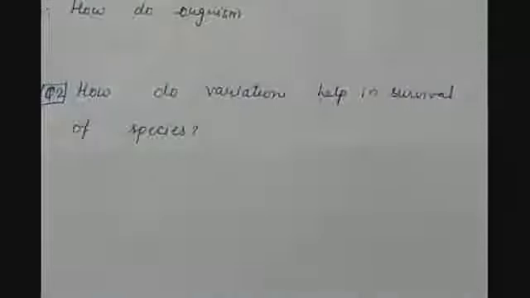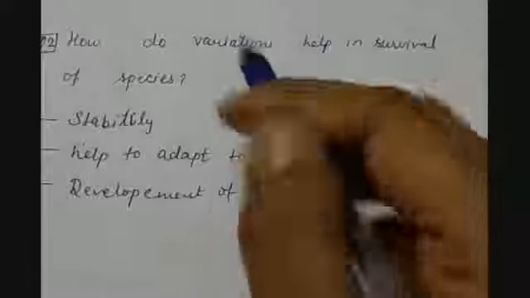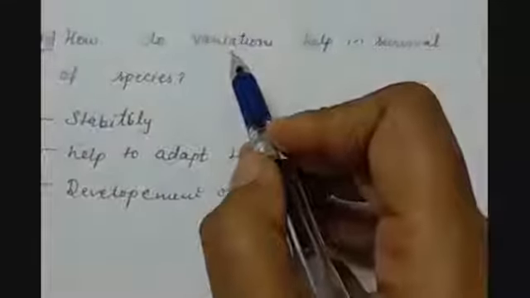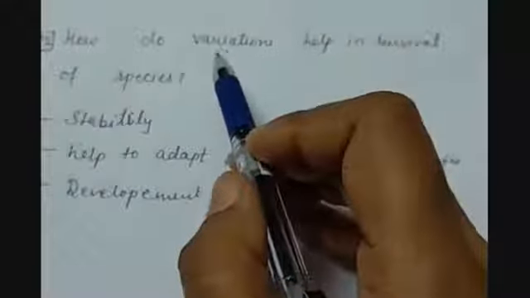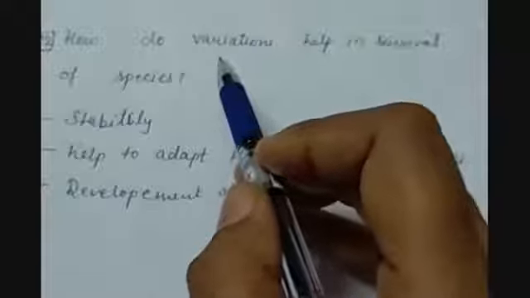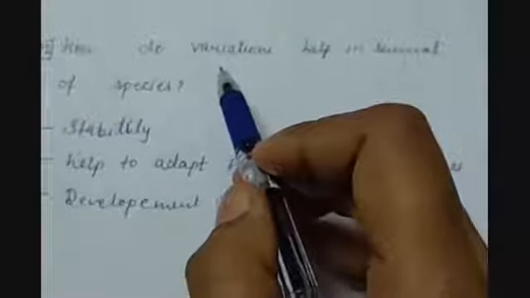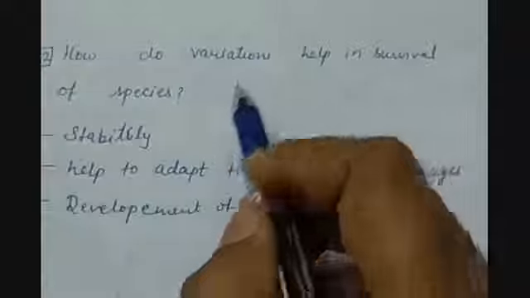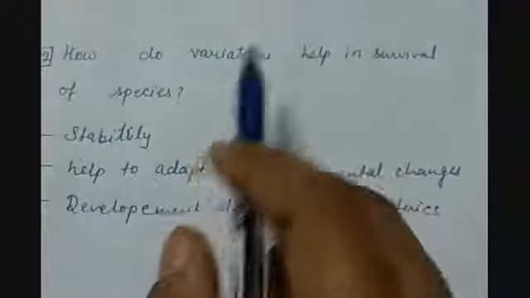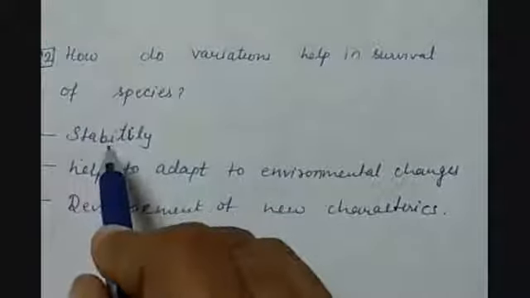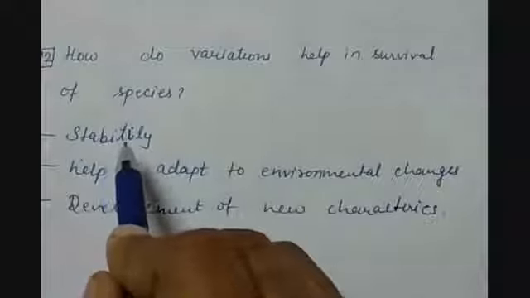Question number 2 is, how do variations help in survival of species? Variation means the changes that come while producing offspring of the same kind. These variations are helpful for maintaining the stability of the species.